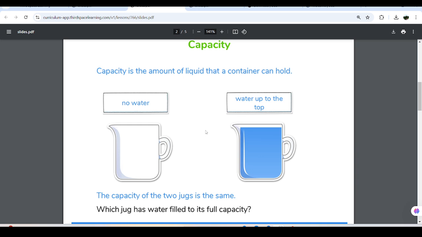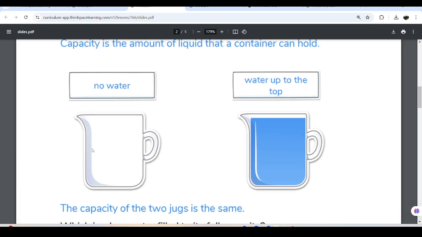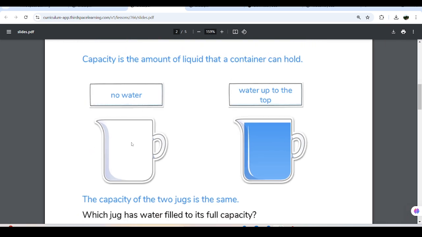Why? Volume is the amount of space an object takes up. Let's suppose in first case there is no liquid in it, right? So its volume is zero. But in second case it is fully filled to its full capacity, so there is some volume.